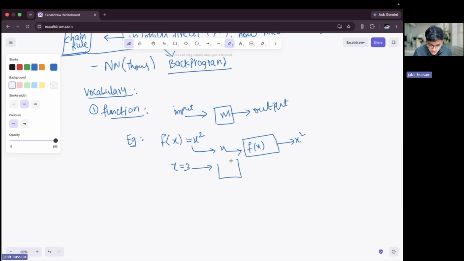It goes into the f of x magic box and gives you 9 as output. So this function tells me that whatever number you give, it will return the square of that input number. This is the meaning of function: a machine which takes input and gives you some output.